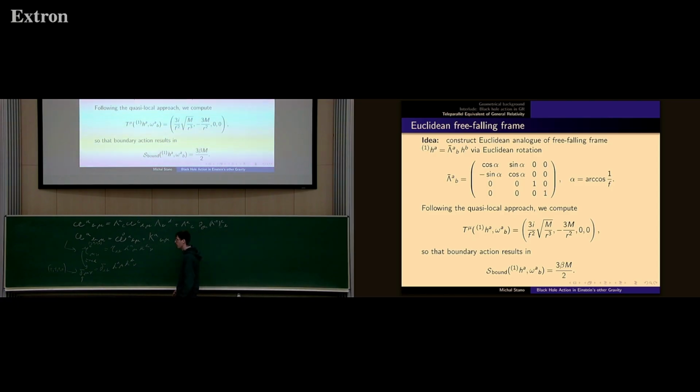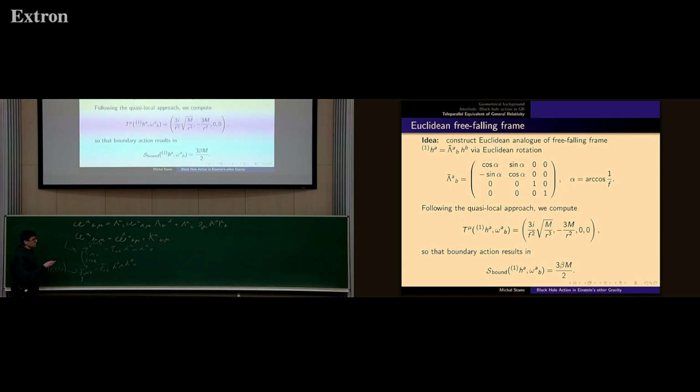If you think back and realize that obtaining the free-falling frame is just a Lorentzian boost on the diagonal frame, then it makes sense to obtain this frame within the Euclidean formulation not by a Lorentzian boost, but via the Euclidean analog of the Lorentzian boost, which I have decided, to be precise, to parameterize in terms of the parameter alpha, which was found to be given in terms of arccosine of 1/f.